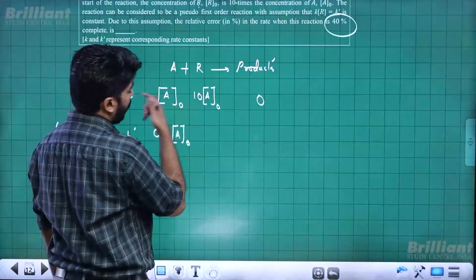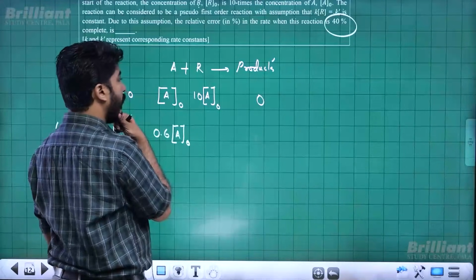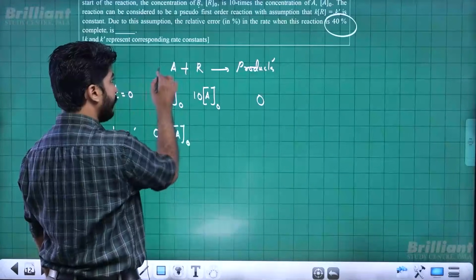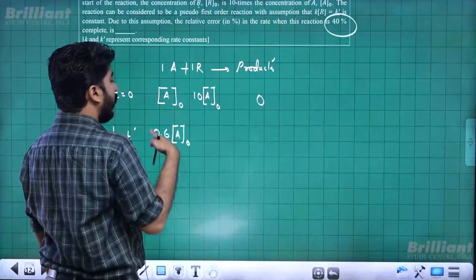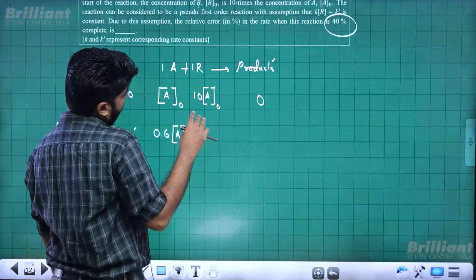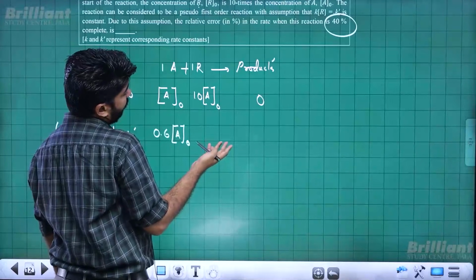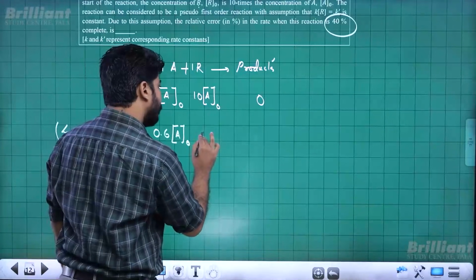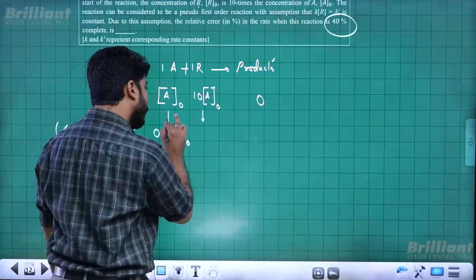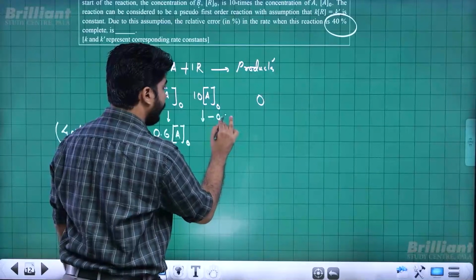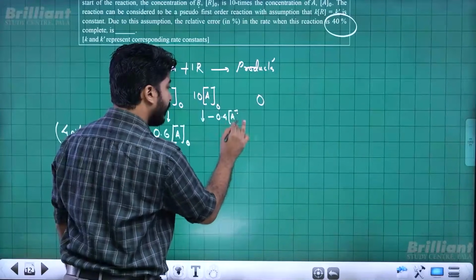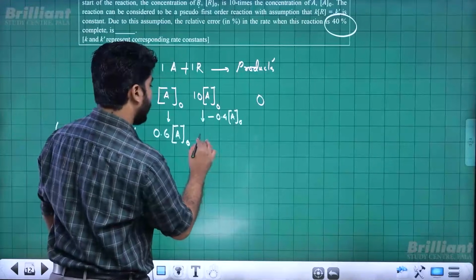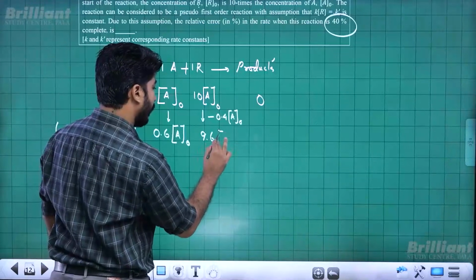And from 10 A0, for 1 A, 1 R is getting consumed from stoichiometry. So for 0.4 A0, 0.4 A0 of R is getting consumed. So 10 A0 minus 0.4 A0 is the final concentration of R when the reaction is 40% complete, that is 9.6 A0.